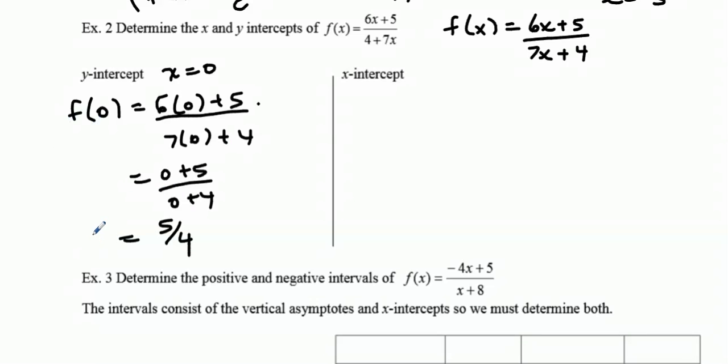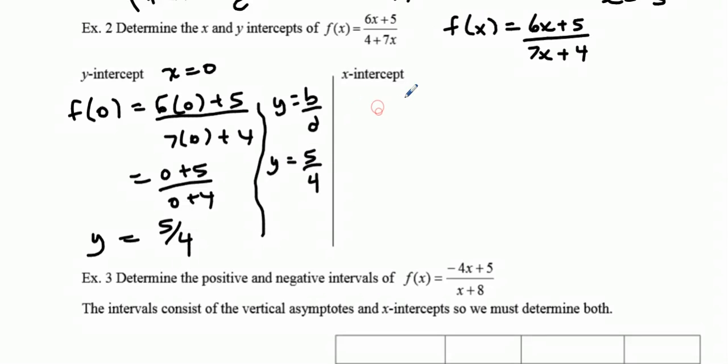So that's one way to think of it. Or you know that f of 0, you could call this y equals, your y-intercept is just b over d. So y equals 5 over 4.